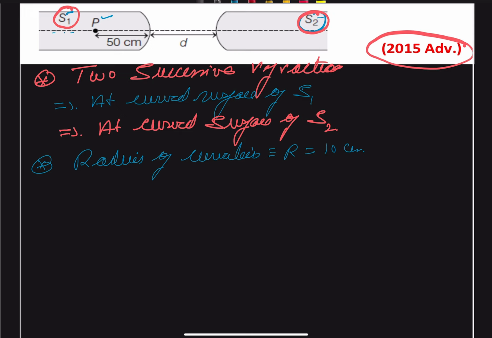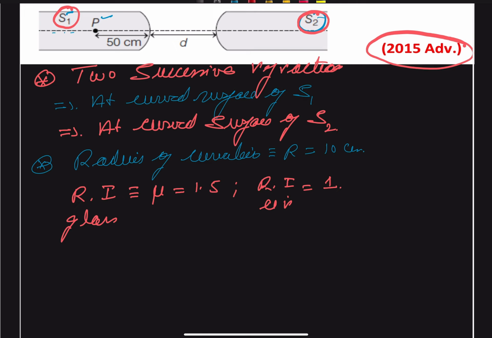The refractive index for both is also the same, mu is 1.5 for glass, and obviously there is air associated with it also, so the refractive index of air is equal to 1.